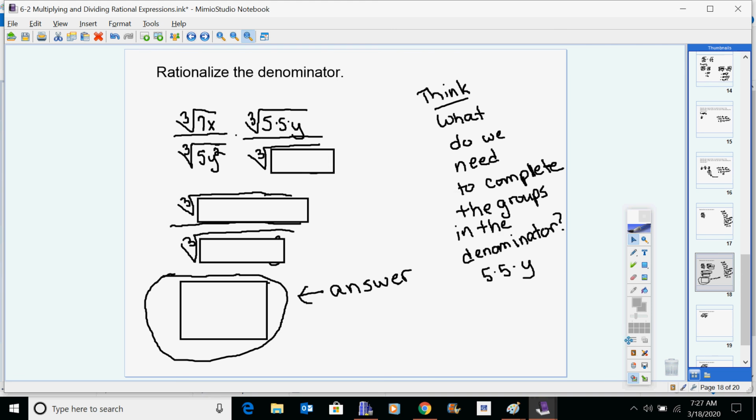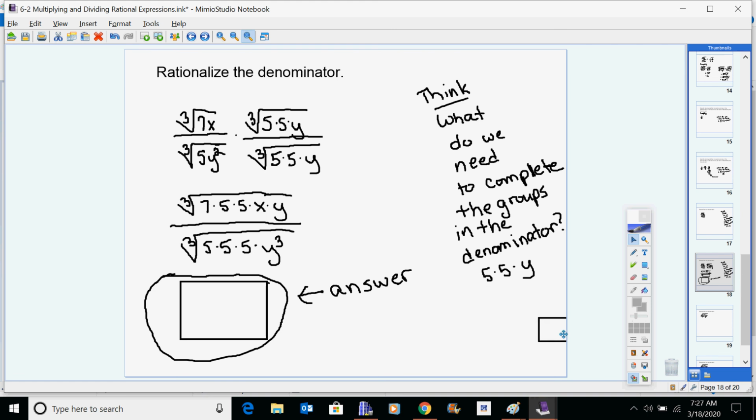So the way that you figure out what goes in here is by what more do I need to make groups of 3? Because here, what we have is a 7, 5, and 5, and x and y in the numerator. We put it all together. And here in the denominator, we have your 3 5s, and we have your y to the third.